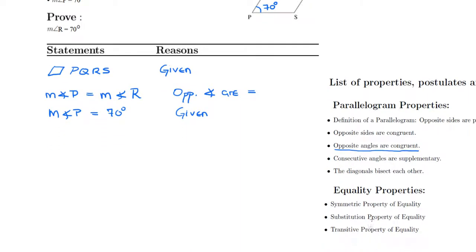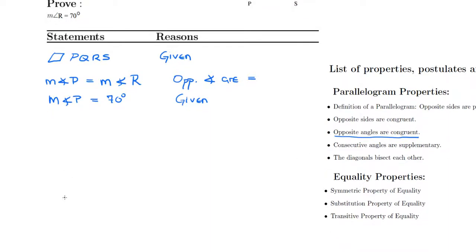And I have three of them that we might use. First one is the symmetric property. Second one is substitution property. And the third one is transitive property. Okay. Now, in order to use our transitive property, which is the one that we want to apply here, we need to have it in a specific order, right? Because what does the transitive property say?